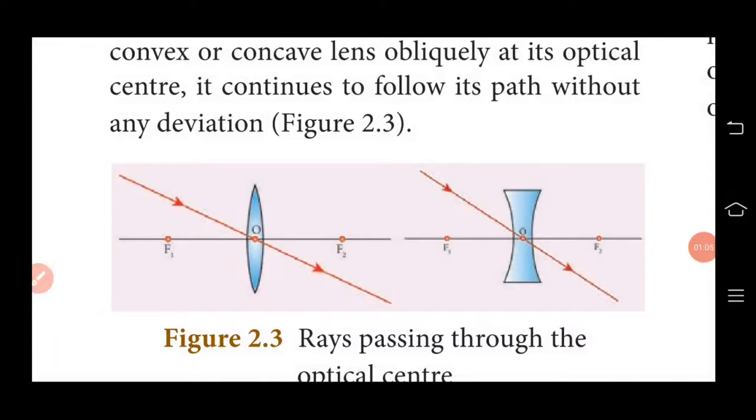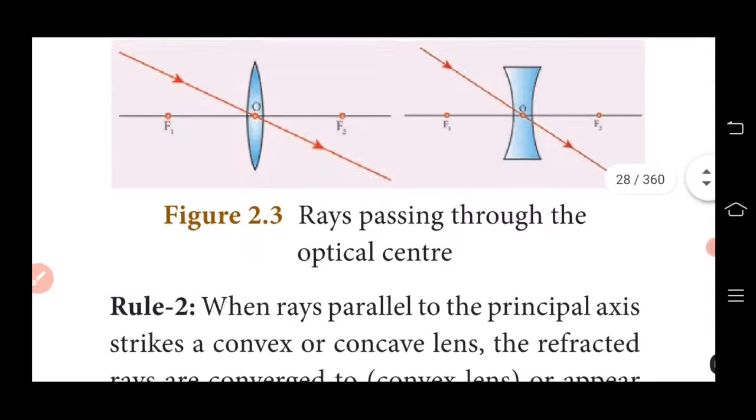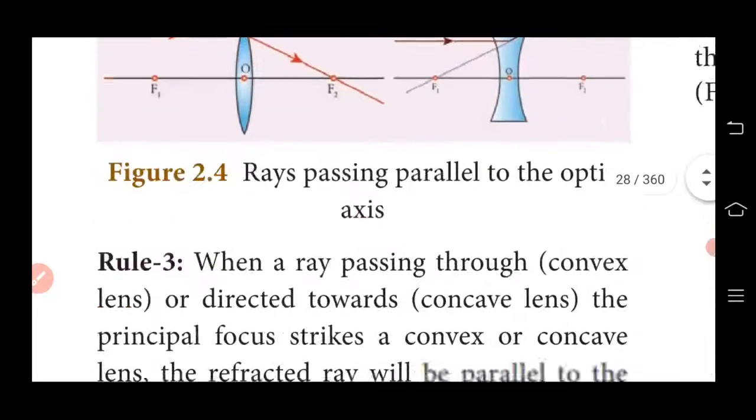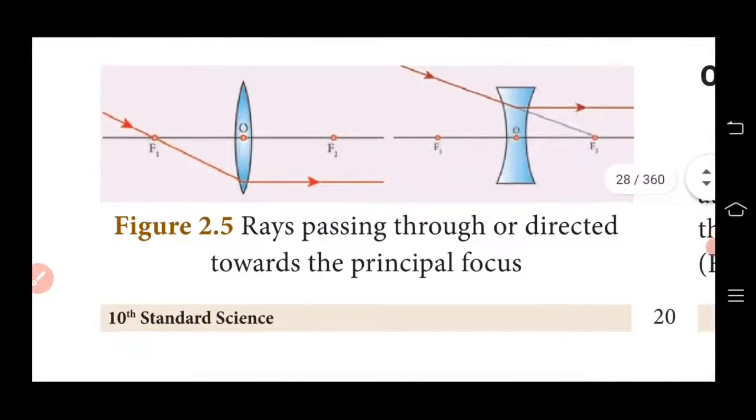The third rule is exact opposite to rule 1 because of the reversibility of light. To draw the ray diagram, we need to select any two rules out of the three.